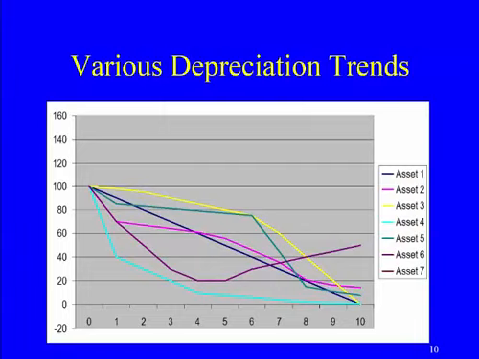Now we come to a case that has a rather peculiar characteristic of not simply depreciating downwards, but has what economists these days often refer to as a J-curve form of depreciation.